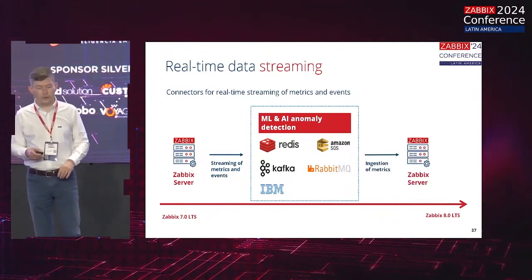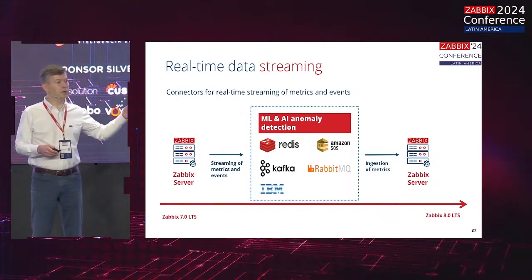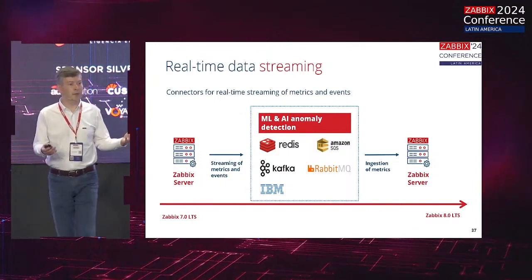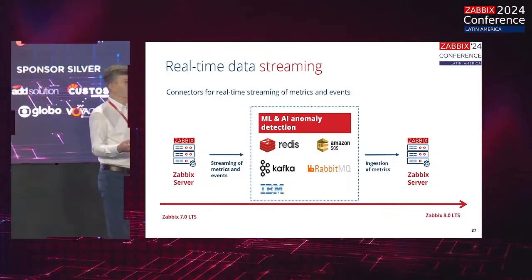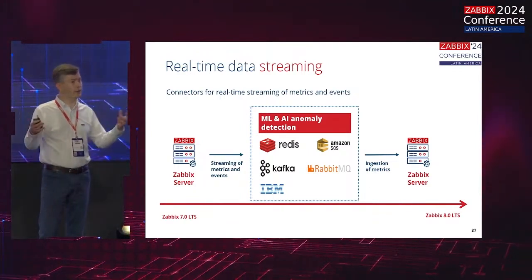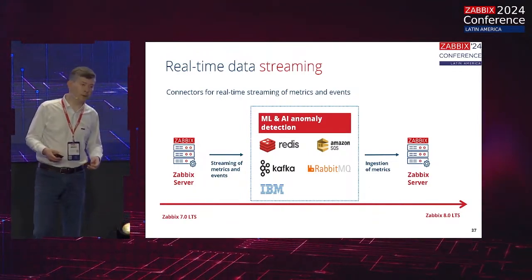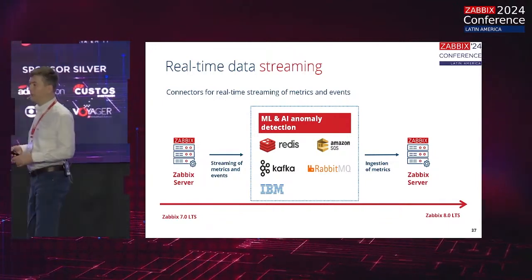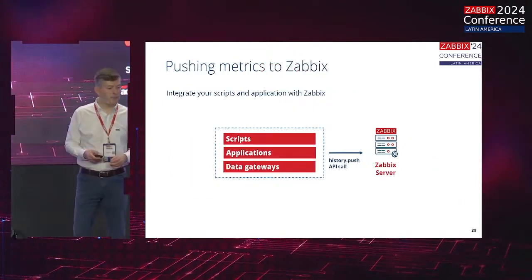But in the future, in 8.0, we'd like Zabbix to be able to collect streaming data, to collect data coming from Kafka, collect data coming from OpenTelemetry data sources, from different network devices. What else?